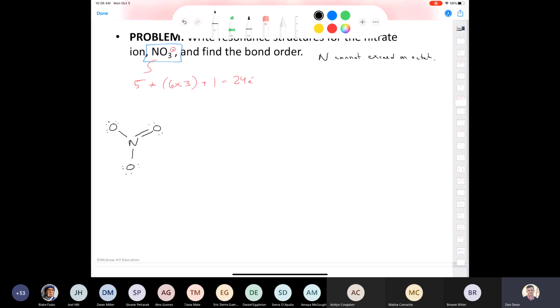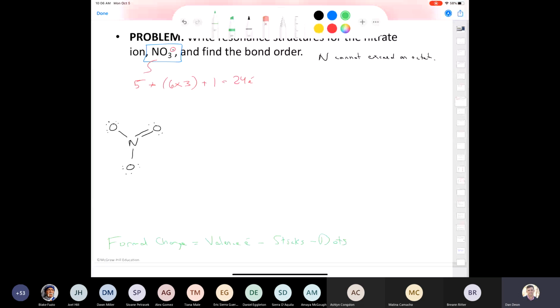The next thing I want to do is calculate the formal charges. You guys remember the formula for formal charge? Formal charge is equal to the valence electrons, subtract sticks, subtract dots. Okay, let me just fix this here. There we go.